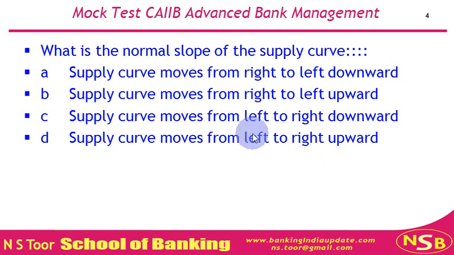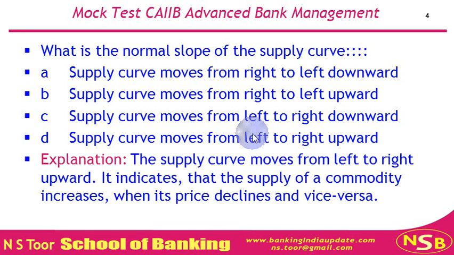Hence, our answer will be option D. The supply curve moves from left to right upwards. It indicates that supply of a commodity increases when its price increases and vice versa. So whenever in the normal situation price increases, the supply will also increase, and that will be reflected by a curve which moves from left to right upwards.